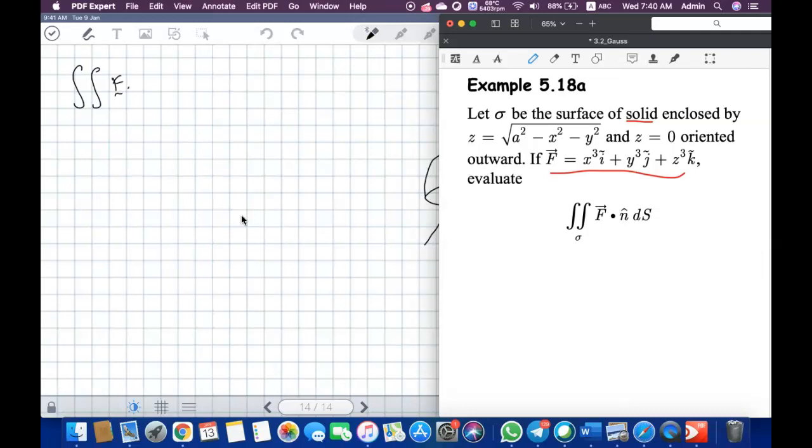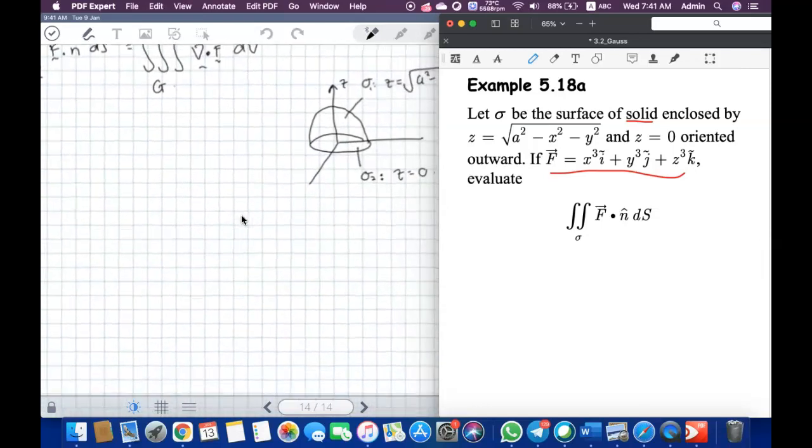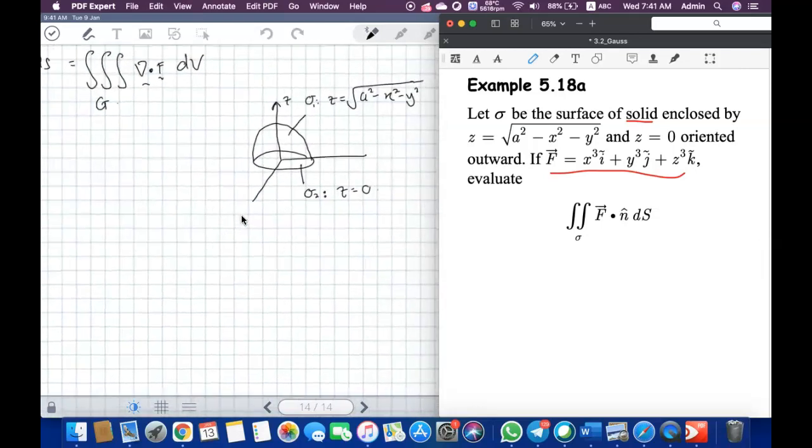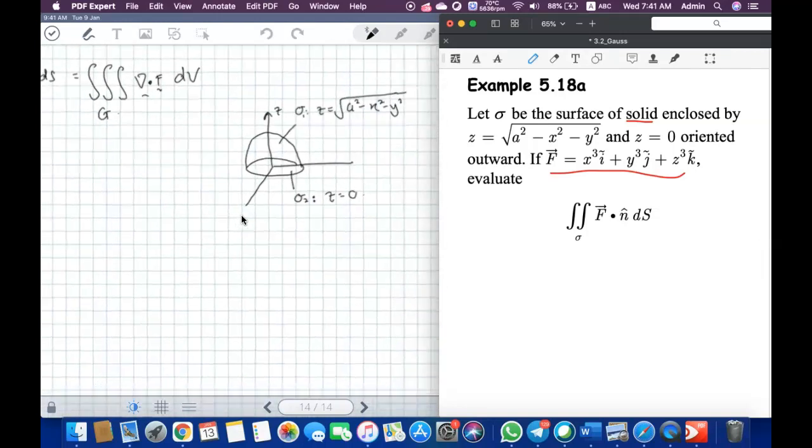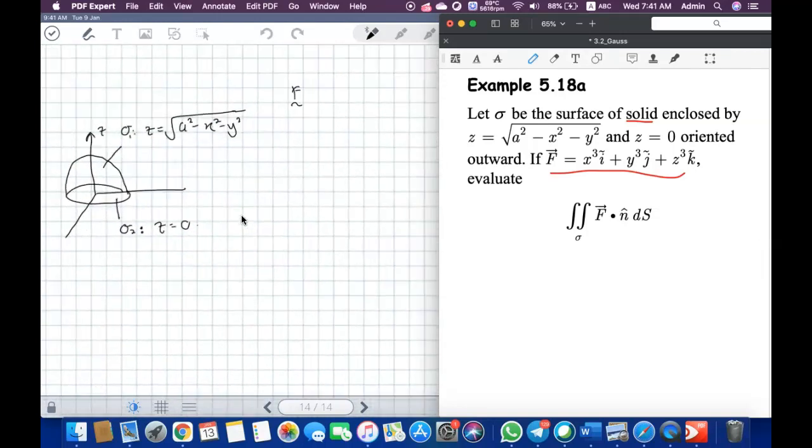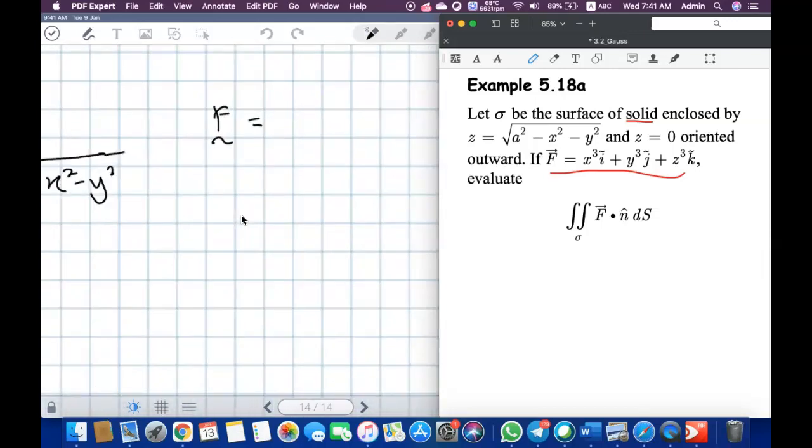So the integral of F dot n dS can be determined by the triple integral of the divergence of the vector field F. Now we have to obtain the divergence, where F is x cubed, y cubed, z cubed.